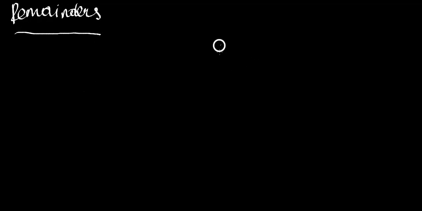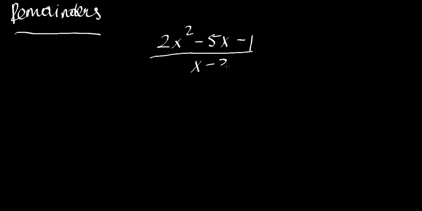What if I give you something like this? 2x squared minus 5x minus 1 divided by x minus 3. And you might think this problem is not that hard, but try to factor it.